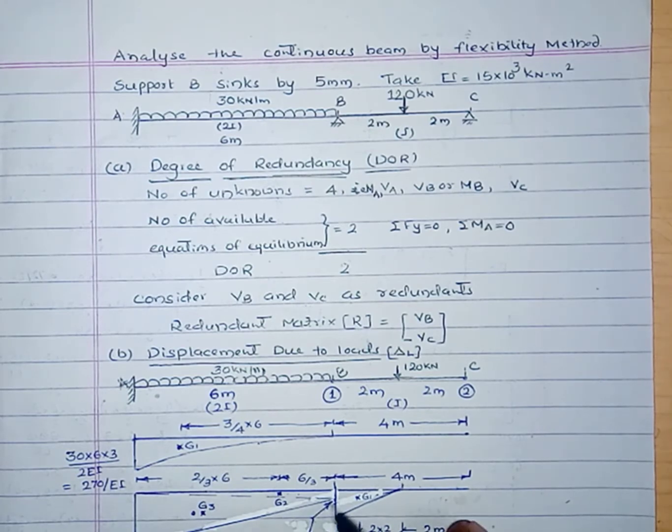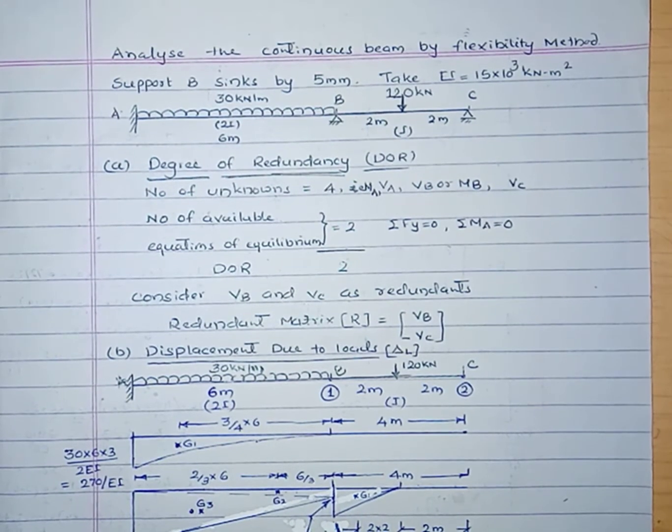Similarly we have split this trapezium into two triangles. This one is one triangle, this one is another triangle. Similarly the displacement due to this one is half into 6, half of the base width into ordinate 480 by EI into centroidal distance 2/3 of 6.